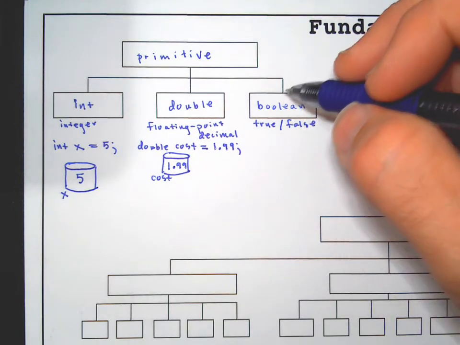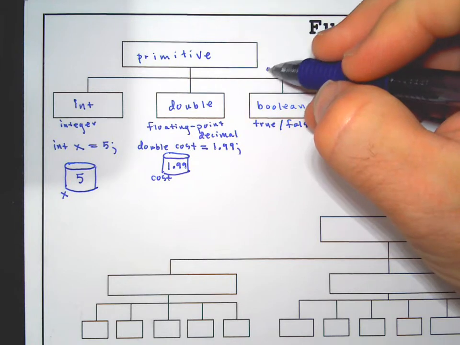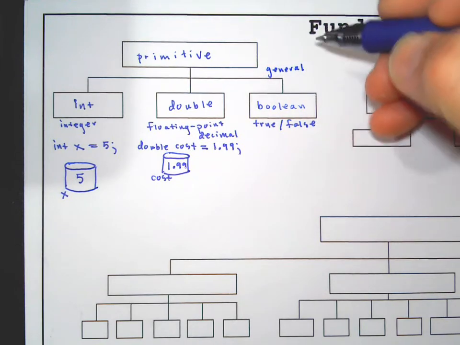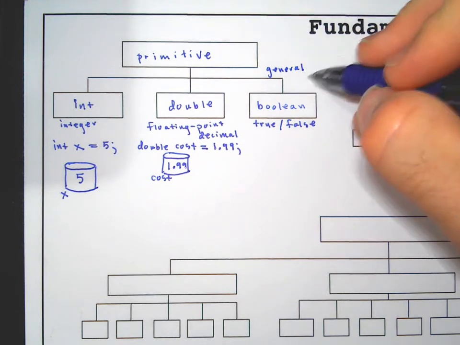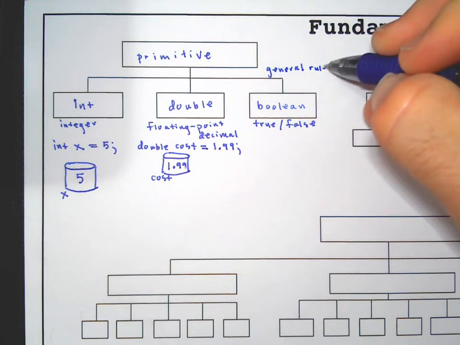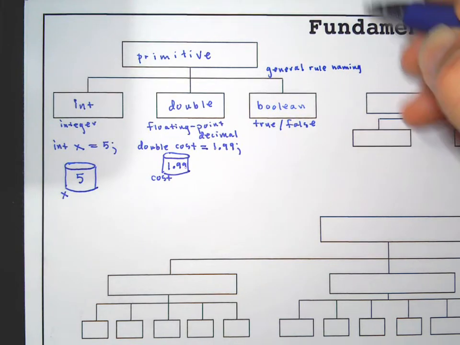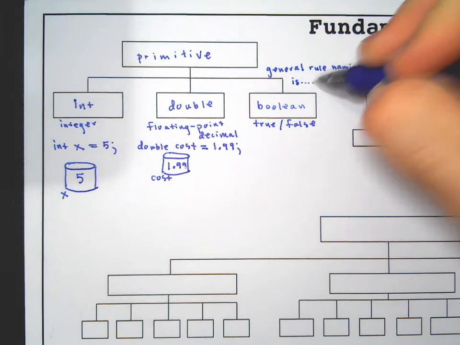Good names for true, false, Boolean. Not that you have to do this, but this often makes sense, and we want to come up with good descriptive variable names in general. So a general rule for naming a Boolean variable would be is something.